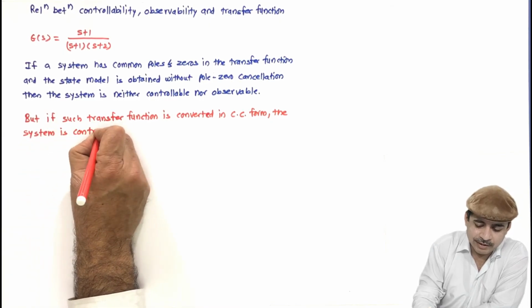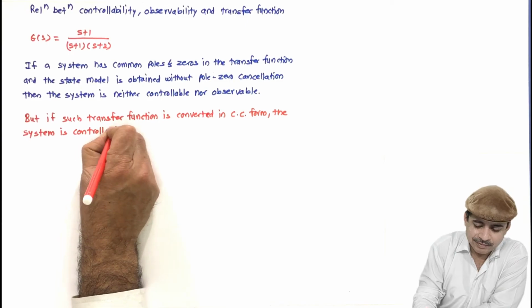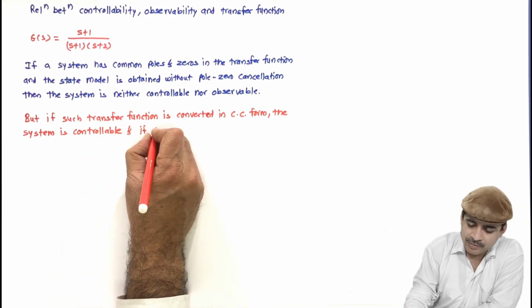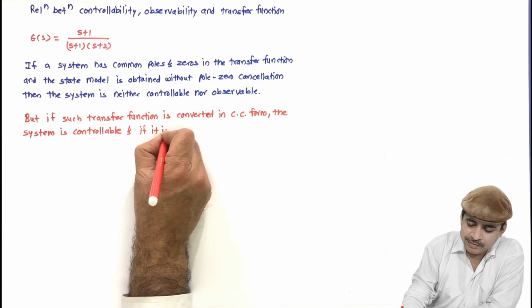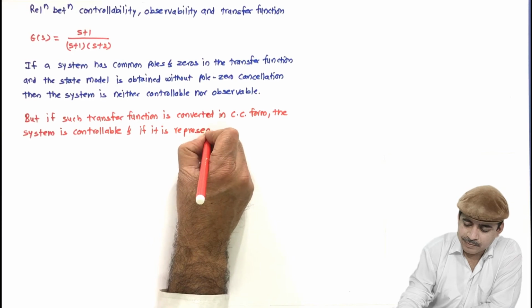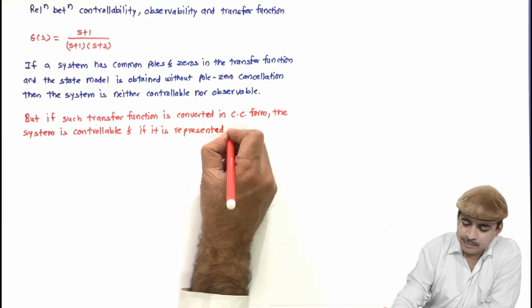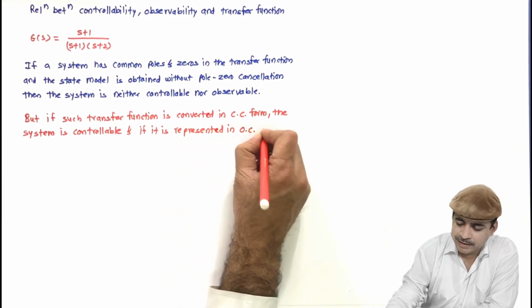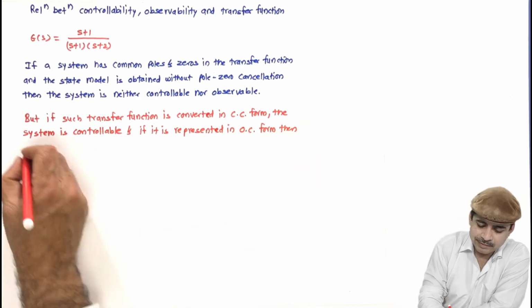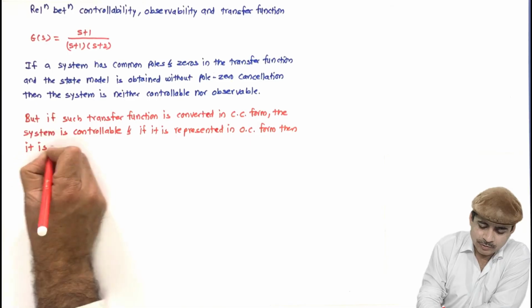You can check it using the Kalman test. Similarly, if it is represented in observable canonical form, then it is observable.